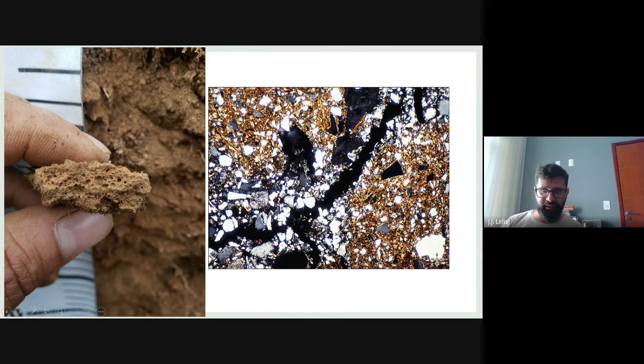We can see here this strong or higher chroma color, this yellow color, and here we can see this pale or whiter color because we are losing fine material. We are losing fine clay fraction. And in this case, this material presents this whiter color because they are losing clay material, they are losing color.